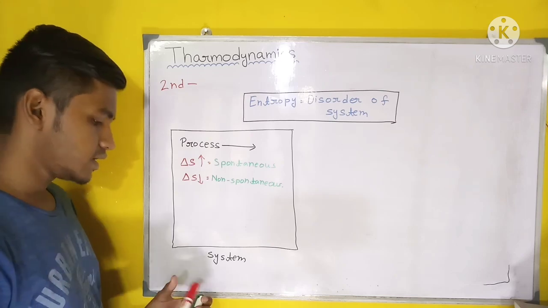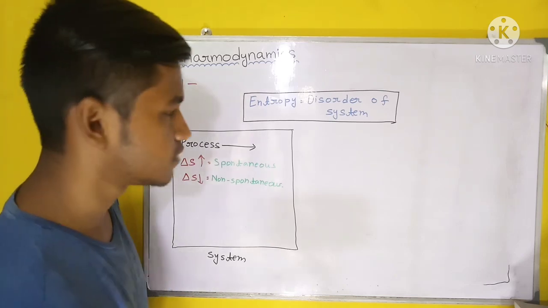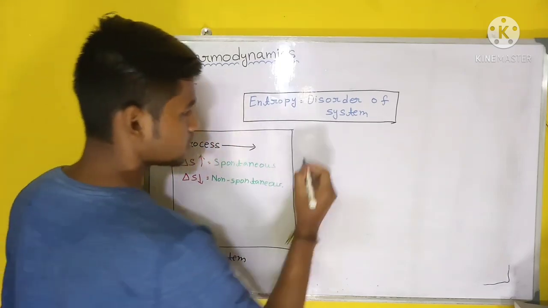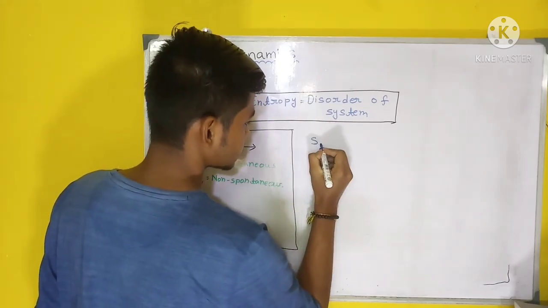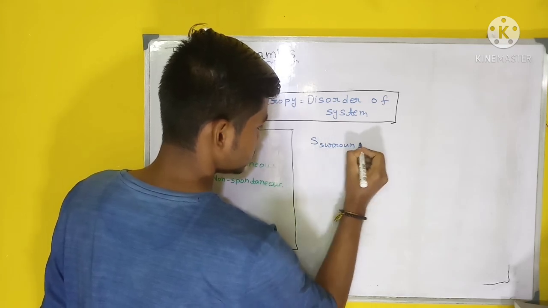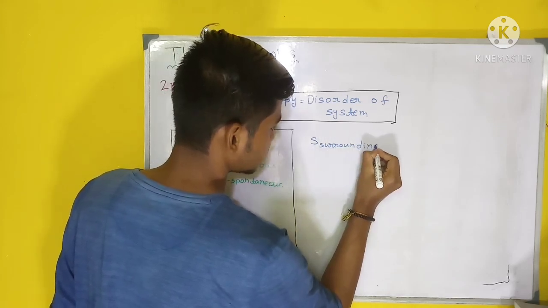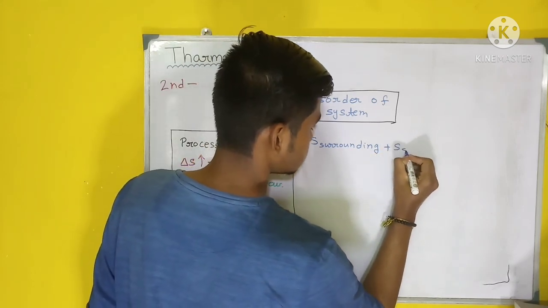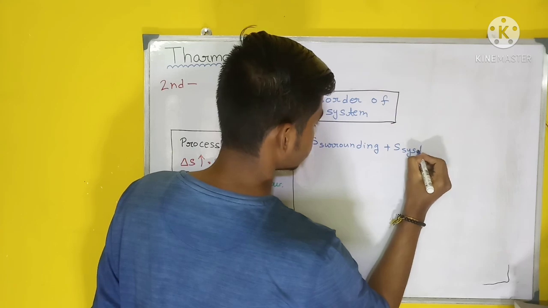And now we will be talking about the mathematical equation of the second law. Suppose, S surrounding plus S system.